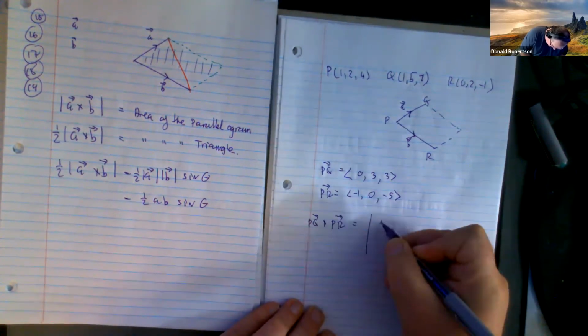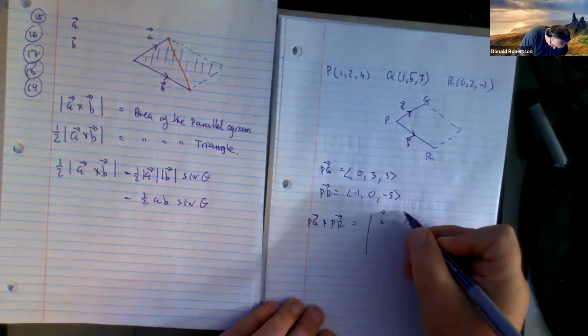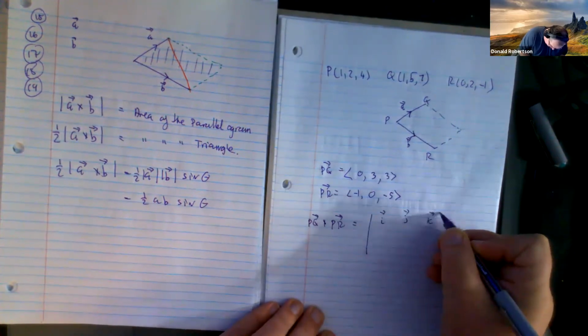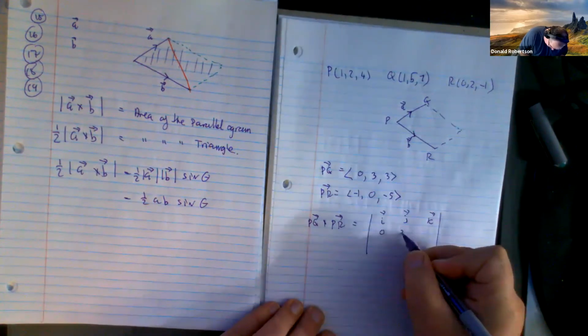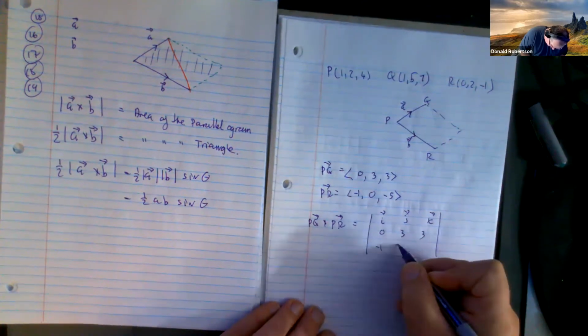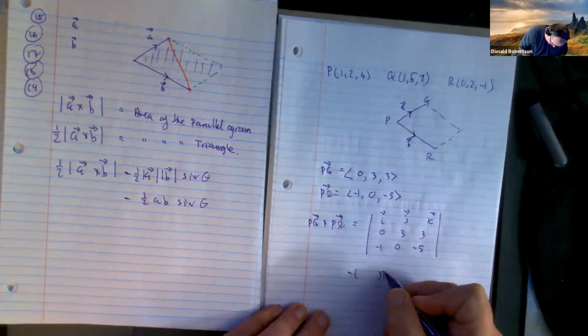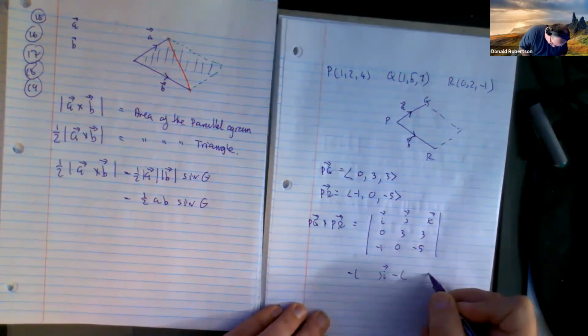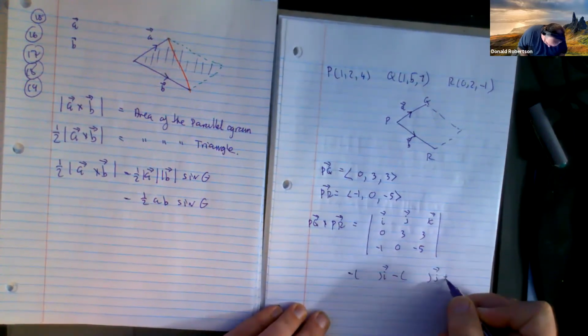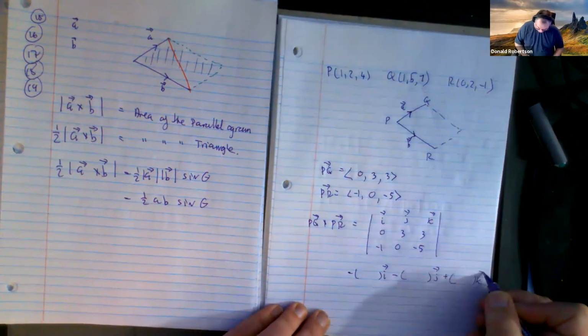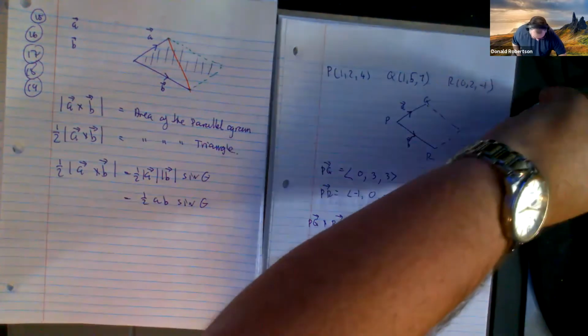And we get an I, we get a J, we get a K, and we get 0, 3, 3, -1, 0, -5. And so many I's, take away so many J's, plus so many K's. Right, I'll cover this guy up.